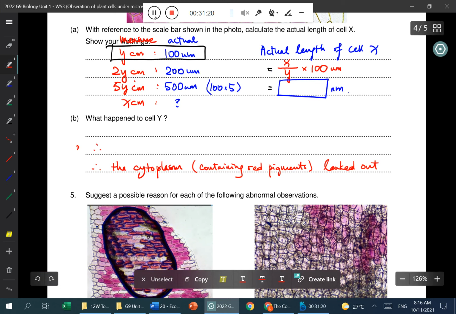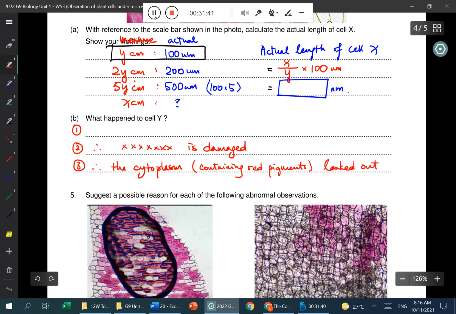But what caused this? I've told you it is because something has been damaged. Is it the cell wall or the cell membrane? Think about what we have discussed just now.